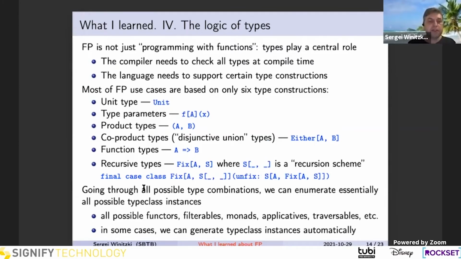So given just these 6 type constructions, I can do pretty much all of functional programming as practiced today. I can then enumerate all possible type classes, like all possible functors, monads, applicatives, traversables, filterables, that are made up of these types and type constructions. And in some cases, I can automatically generate type class instances for them.